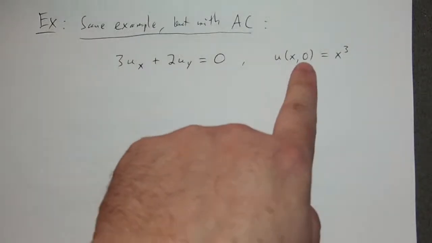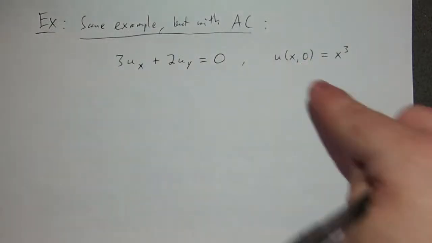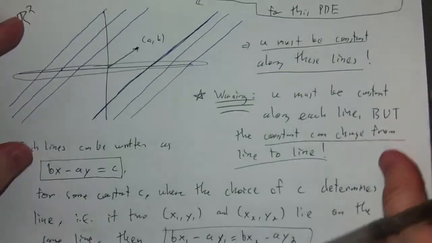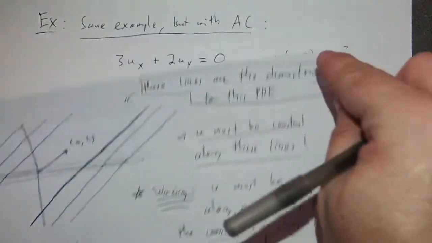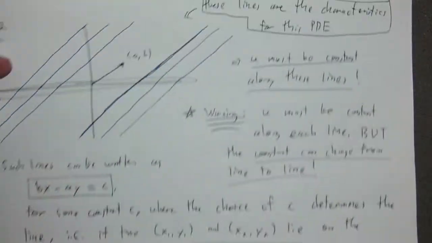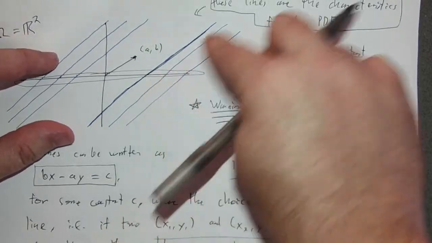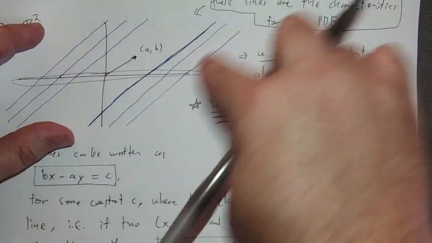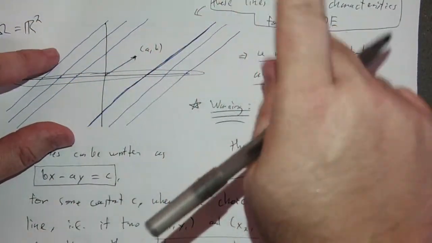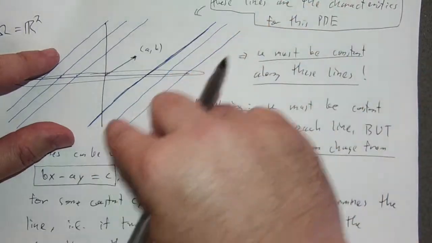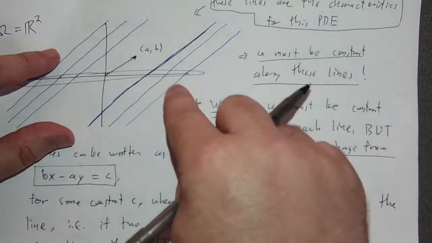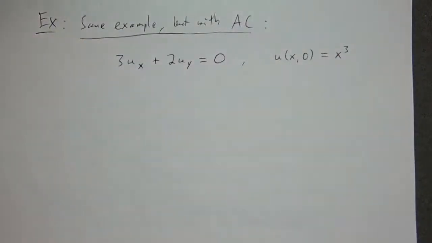At any point x on the x-axis, the data specified is x cubed, and that data determines the value of the function along the characteristic, the unique characteristic that intersects the x-axis at that point. Okay. So again, if you need to, just think about what that means.